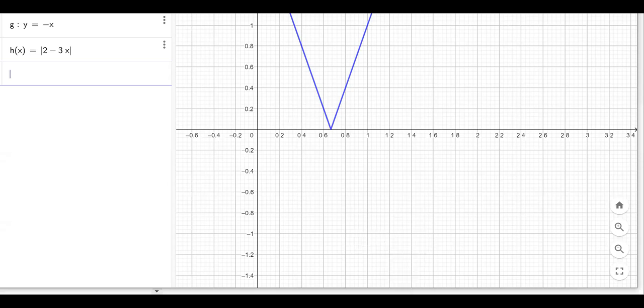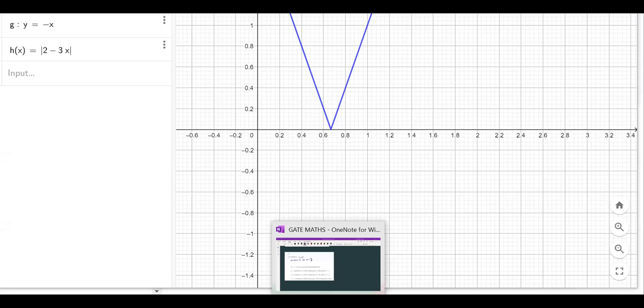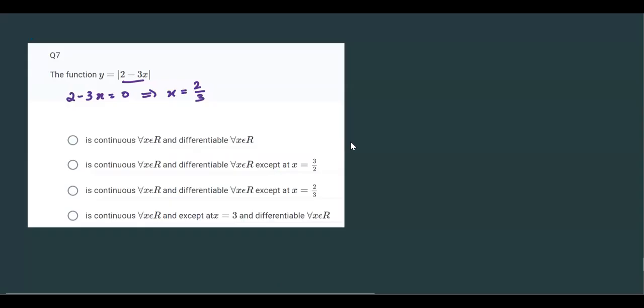So it will be a graph like this. So is it continuous and differentiable on all R? No. It is continuous on all R, correct, but not differentiable at x equal to 2 by 3. So this is the correct option. C is the correct option.